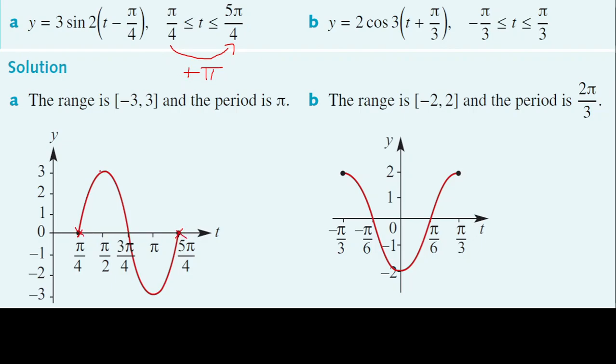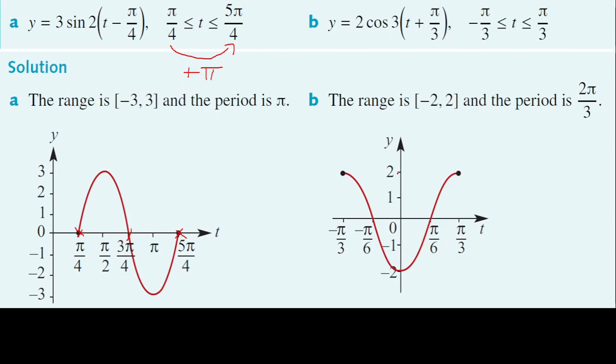You get a full cycle across. So you do one wave, you cross the x-axis, or the t-axis, again in the middle, and as you go upwards in between, at pi on 2 you get a maximum, and at pi you get your minimum of negative 3.